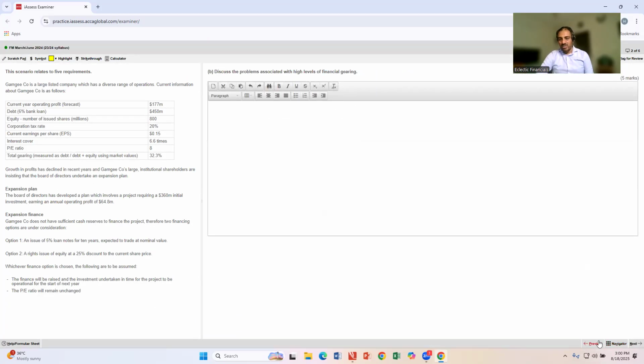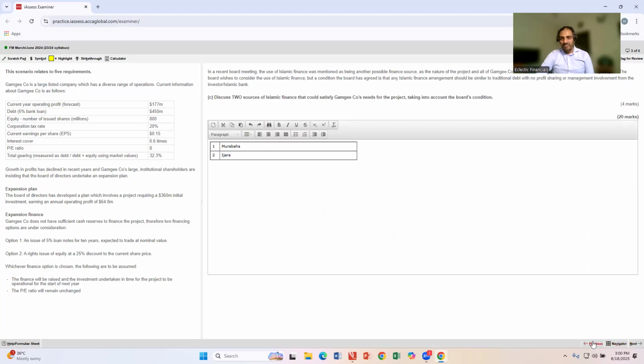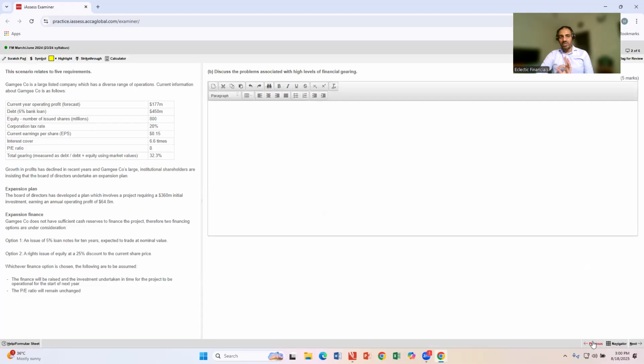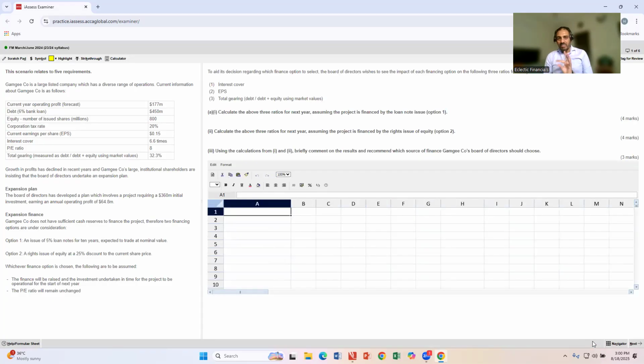So very important: parts B and C, 4 plus 3 marks, are exclusively theory, and part A is a mixture of calculation and theory. If we identify the total marks here, it's 10 marks for calculation and 10 marks for theory.